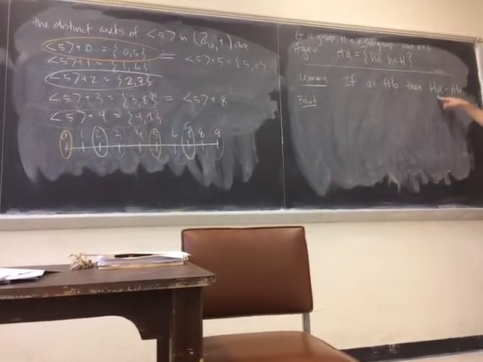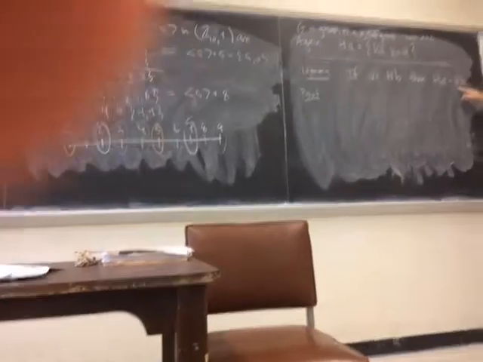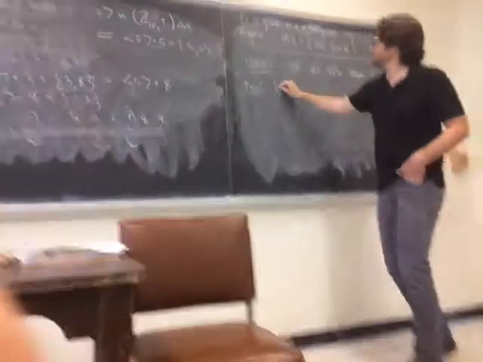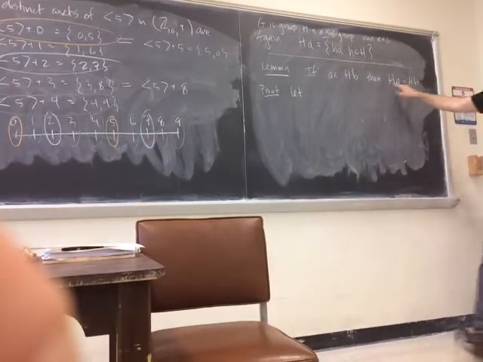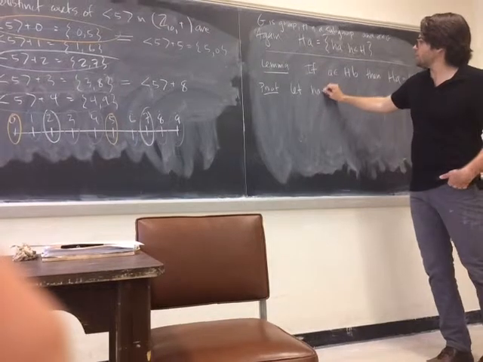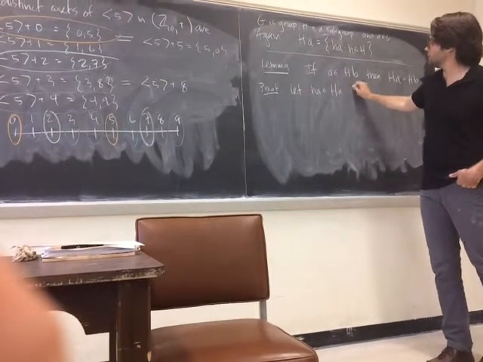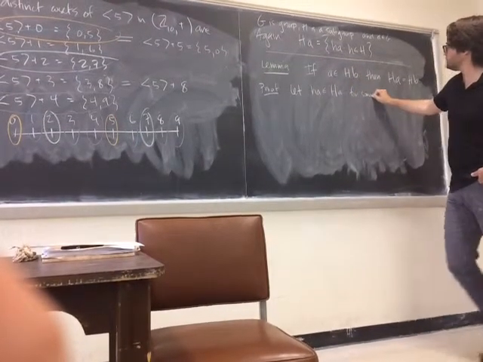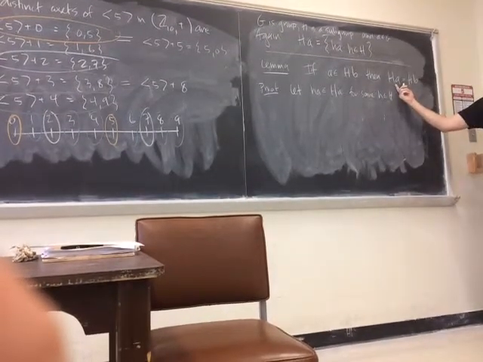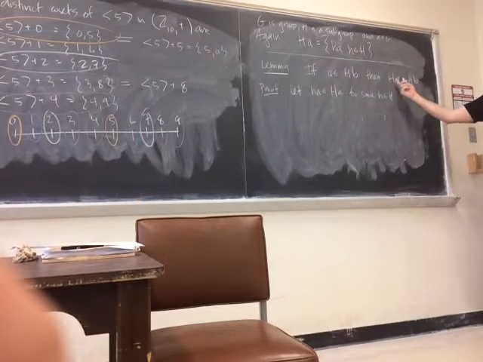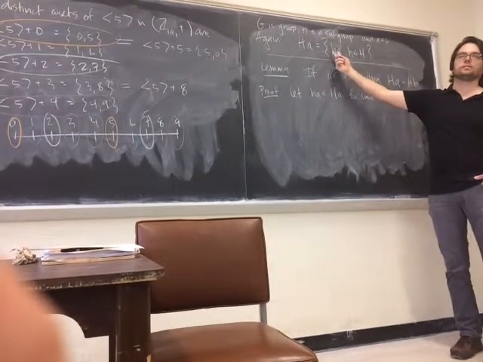I want to show that this set is equal to this set, right? So how do I pick an element of this guy? I have to say ha is an element of HA for some h. If I want to take an element of this set, by definition it has to be of the form little h times little a.